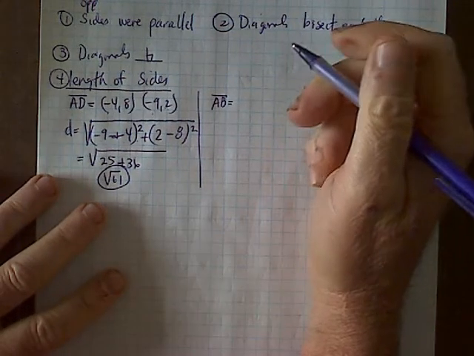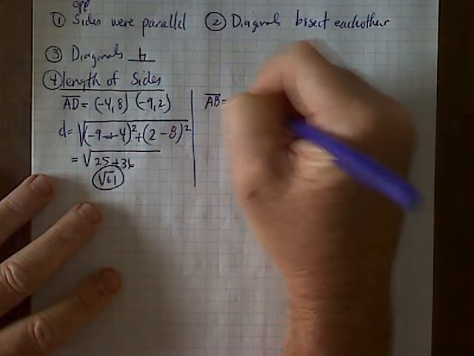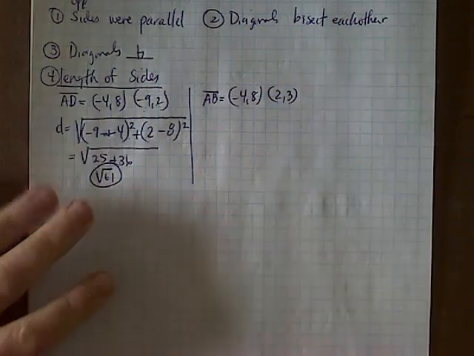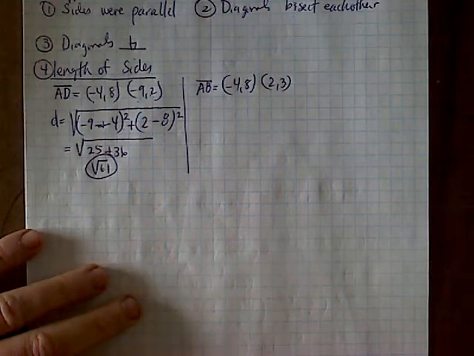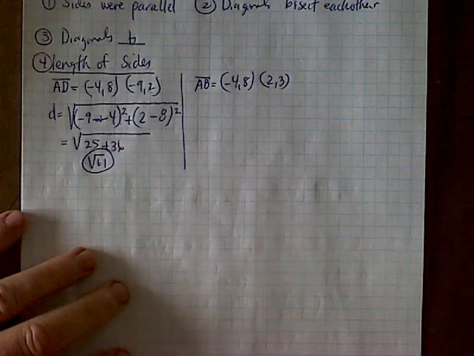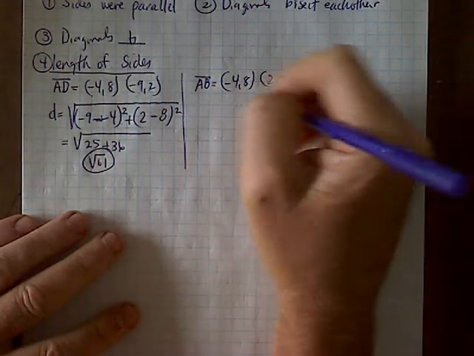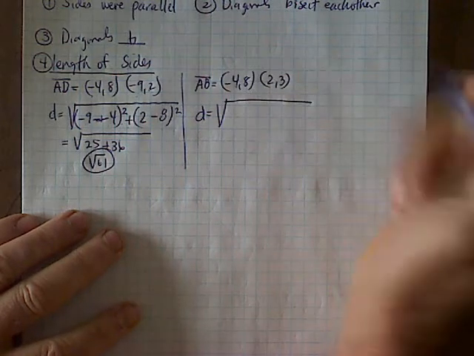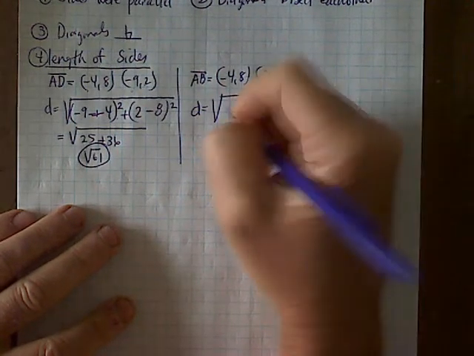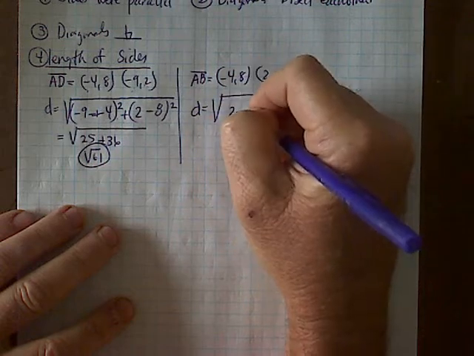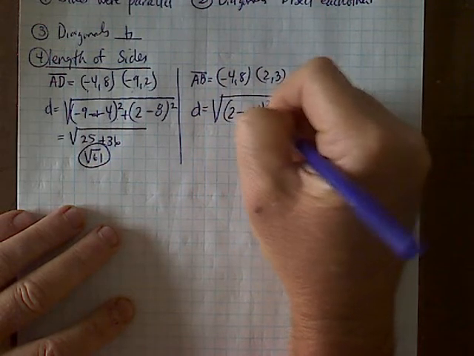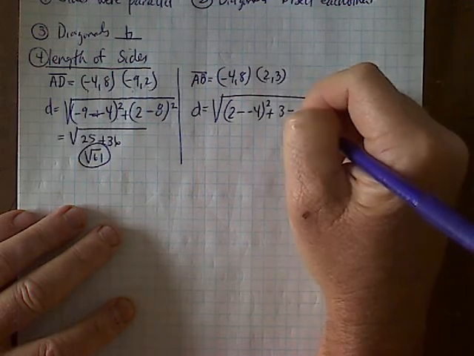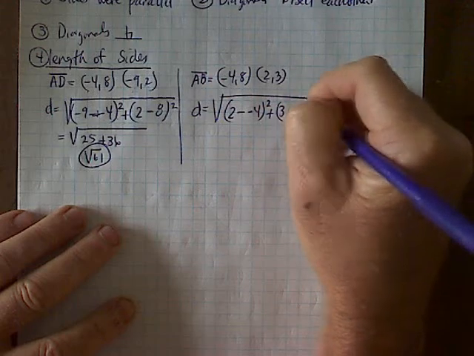The 2 points for AB are -4, 8 and 2, 3. Again, just referring back to the picture. I know I don't have it up here on the screen. It doesn't fit at the same time. There's a lot of work to these problems. So now the distance equals the big square root of x2, 2, minus x1, -4, square it, add to it y2, which is 3, minus y1, which is 8, square it.